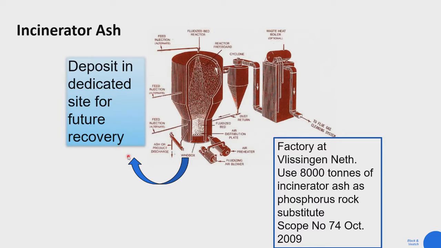So rather than mixing it and landfilling it, the thinking is, maybe it's not economically viable right now to pull that phosphorus out of our ash, but it will be someday. Let's sequester and keep that ash in a spot so that when we have the technology and the drivers, we can access that phosphorus. That's very long-term thinking, but it's pretty interesting to say that if you do have that ash, it is a future resource that we can recover.